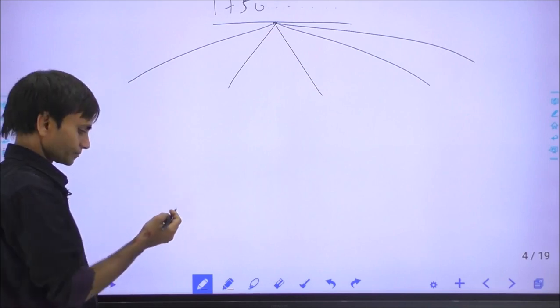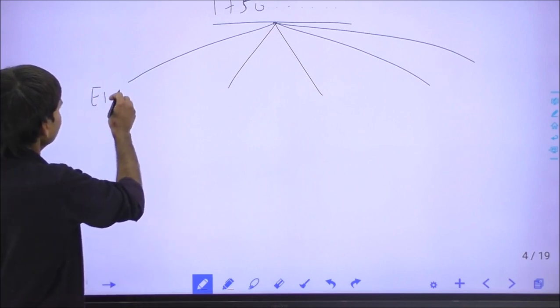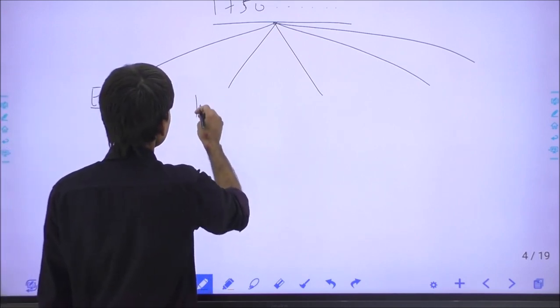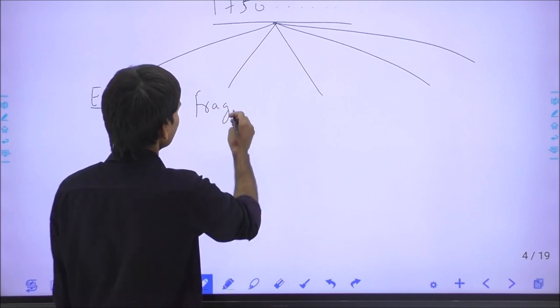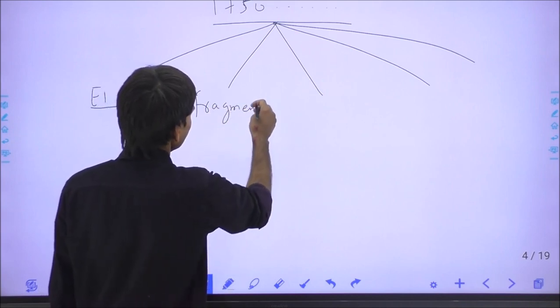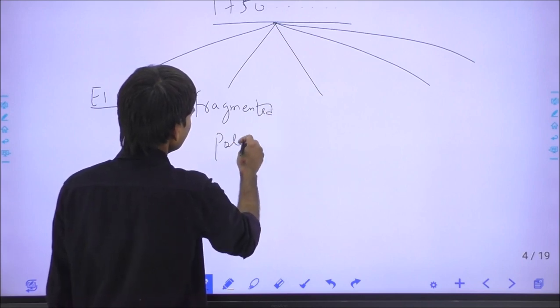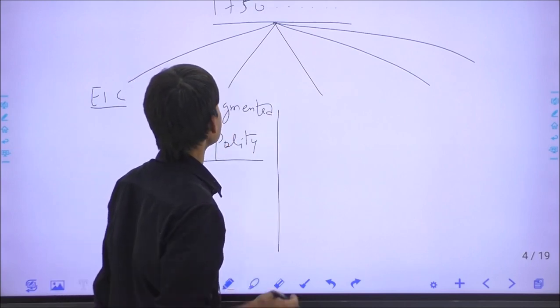One is the position of the East India Company. Second, the fragmented polity, disintegration, and India was under different political powers.